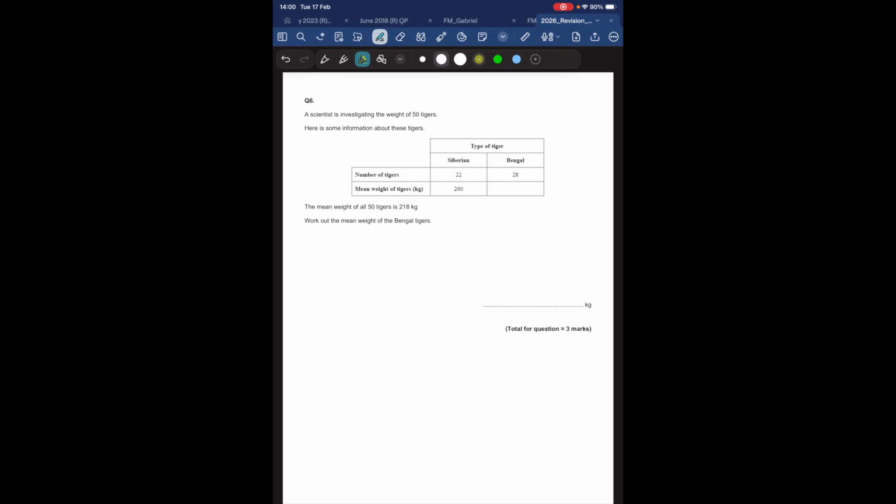So if we look at the Siberian tigers, we're told that we've got 22 tigers and that their mean weight is 260 kilograms. What that means is that each of those tigers effectively weighs 260 kilograms. So what we can do is we can work out the total weight of these 22 tigers by doing a simple multiplication.